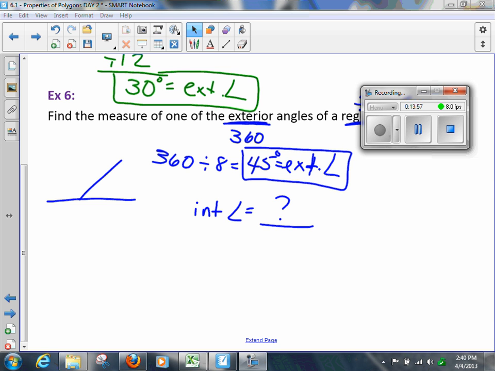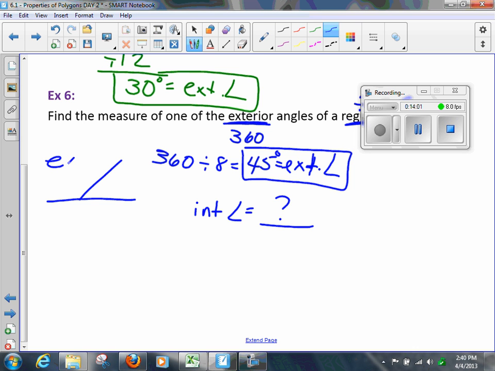It's 135. This is what I want you to do, folks. For every exterior angle, and I know this is not going to look right, there is an adjacent interior angle. Do you agree? Because they form a linear pair. We just solved, and I know I don't have it written or drawn correctly, but this is showing me that the exterior angle is 45.